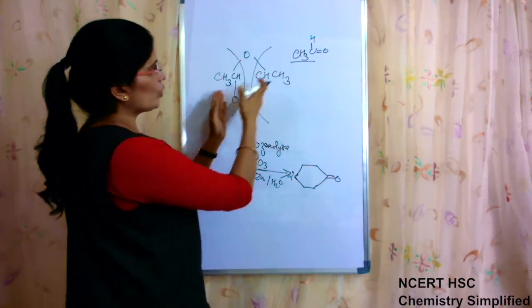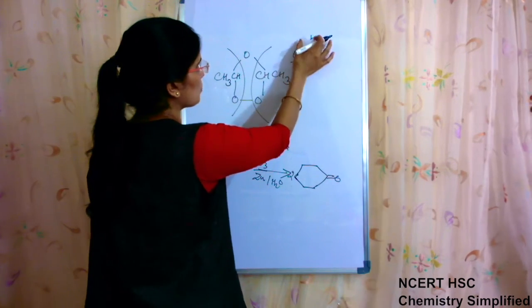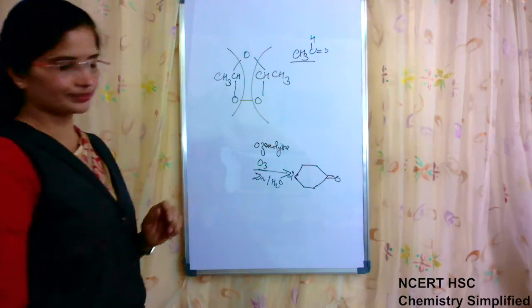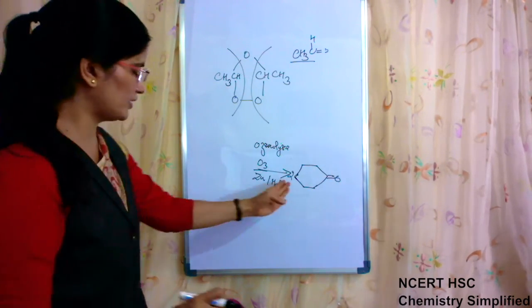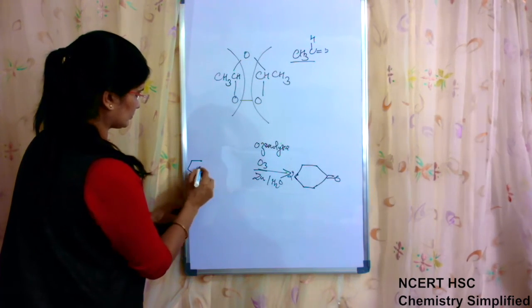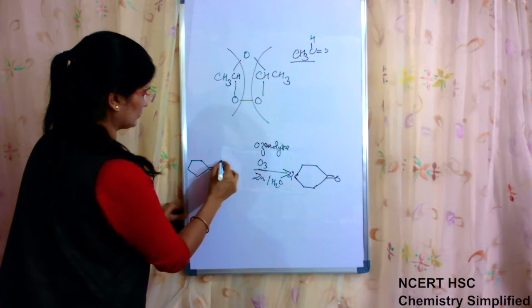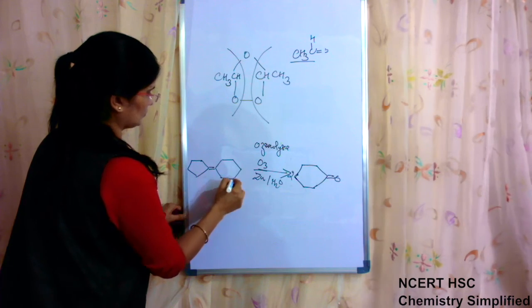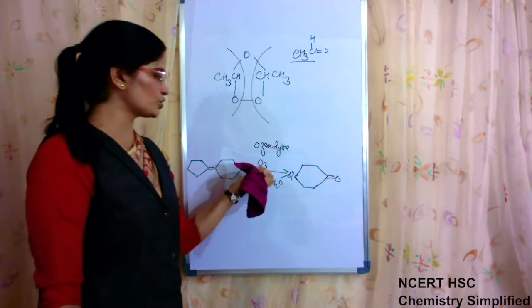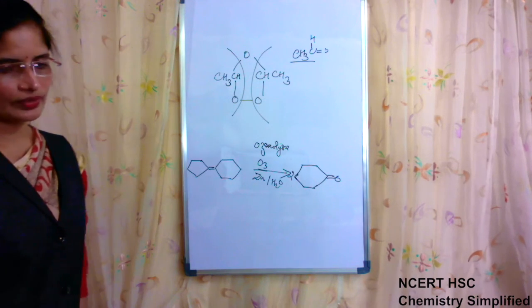So how do we go to the original reactant? Taking these molecules and double bond and rejoining them, removing O from here. Same we have to do here. If it is the product, that means the original reactant was this, which after ozonolysis got converted into this.